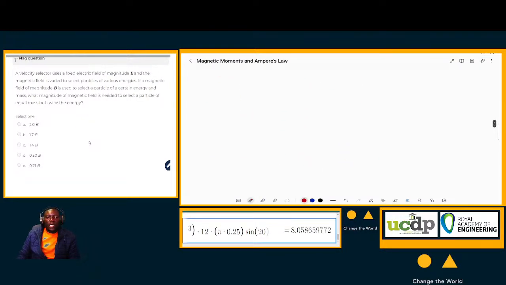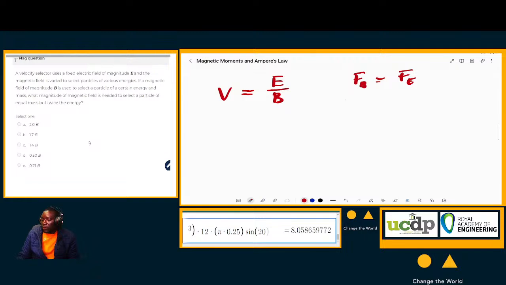So with a velocity selector, we can have crossed fields where we know that the velocity of the particles that go through undeviated can be given by E over B. So this is when the magnetic force is equal to the electric force.